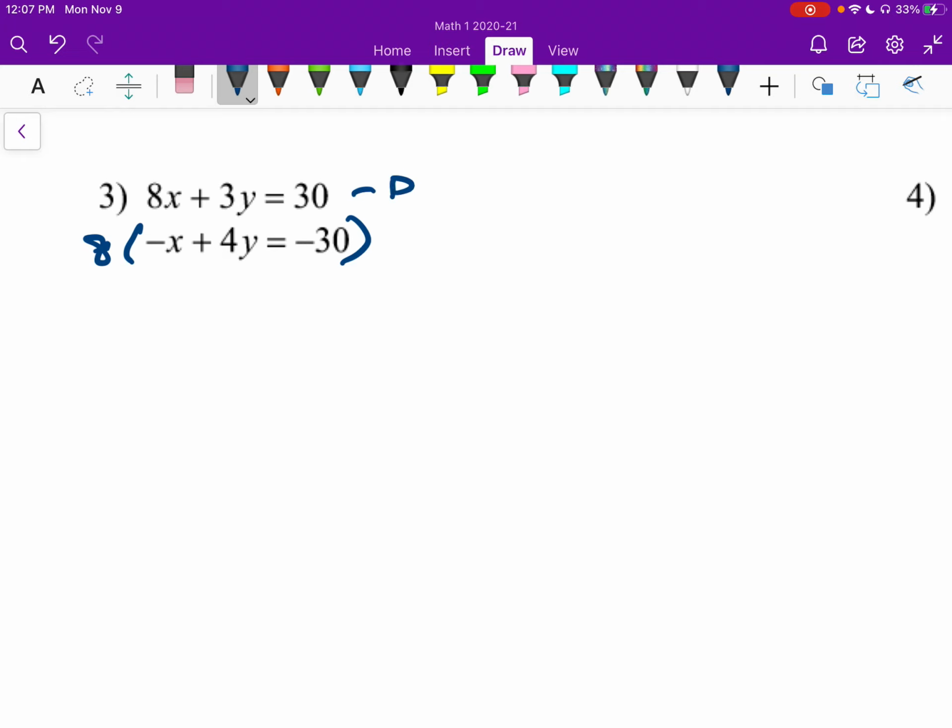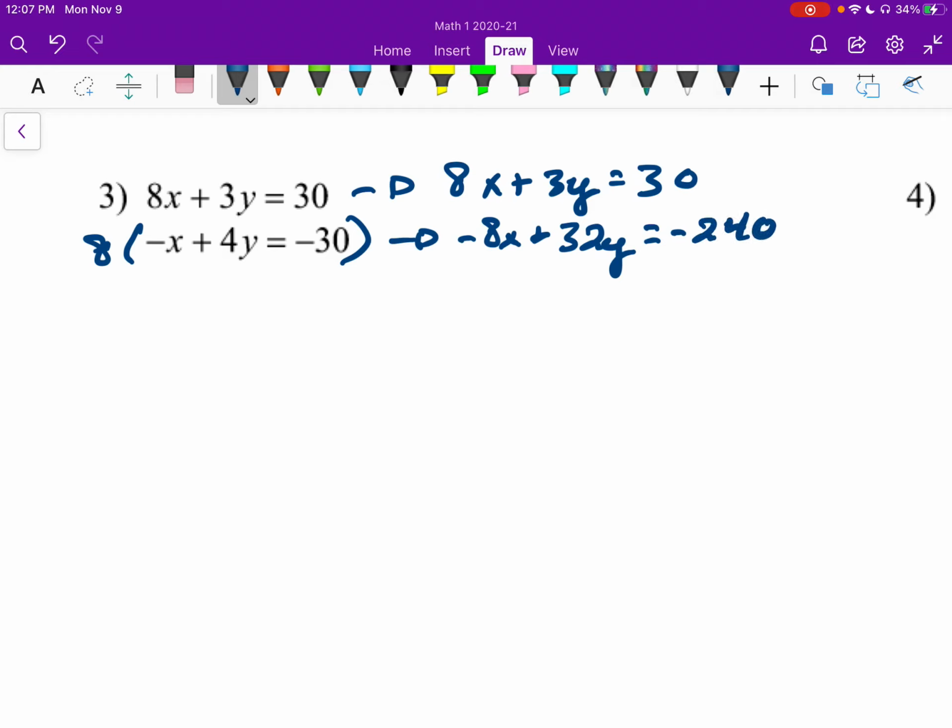So the top piece stays the same, and the bottom will turn into negative 8x plus 32y equals negative 240. Really big numbers, but our calculator can take care of them. We add them up and we get 35y equals negative 210.